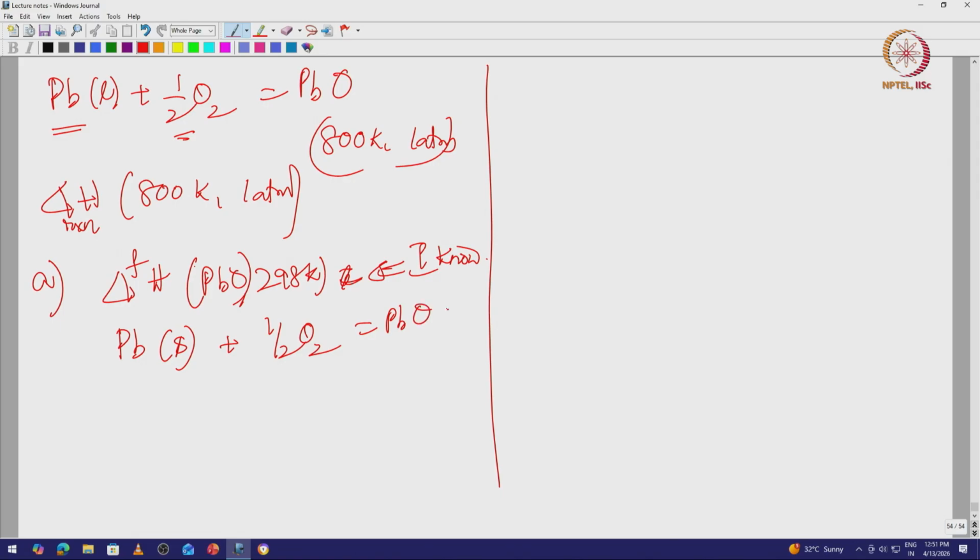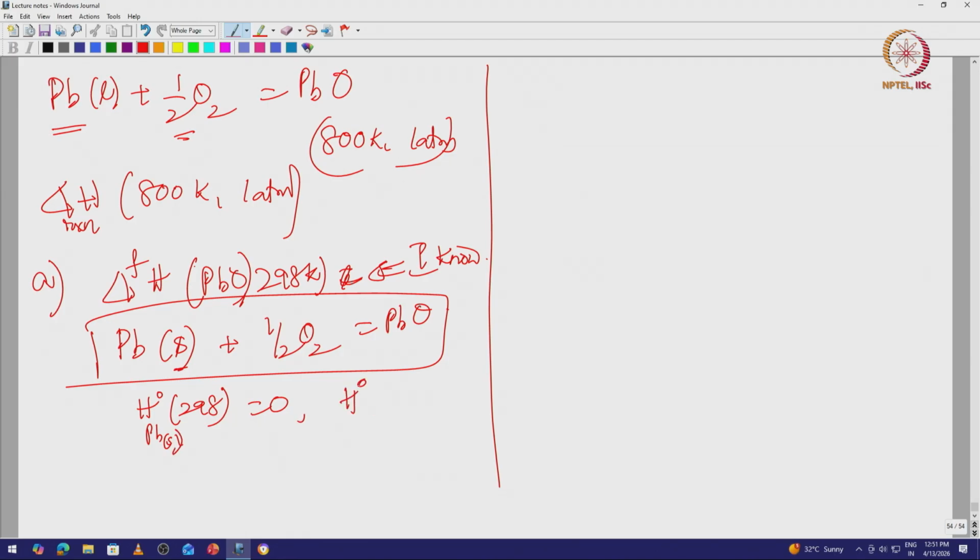So, the delta H formation of lead oxide is the delta H of this reaction that I know. H naught at 298 of lead solid is equal to 0, this is a standard state, solid, not liquid. H naught of oxygen at 298 Kelvin is also equal to 0. So, the delta H formation of this reaction is H naught of lead oxide solid at 298 Kelvin. These are one and the same.